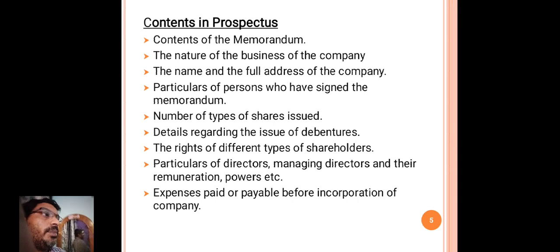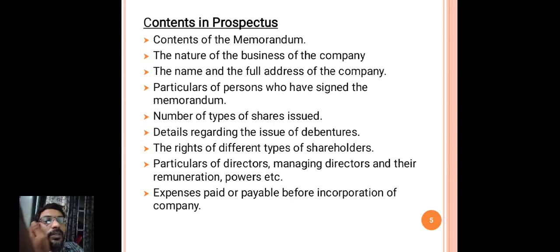So the details of the managing directors are also mentioned in the prospectus, and their remuneration, the amount paid to the managing directors, and powers of the directors. Powers is nothing but roles and responsibilities of the directors.